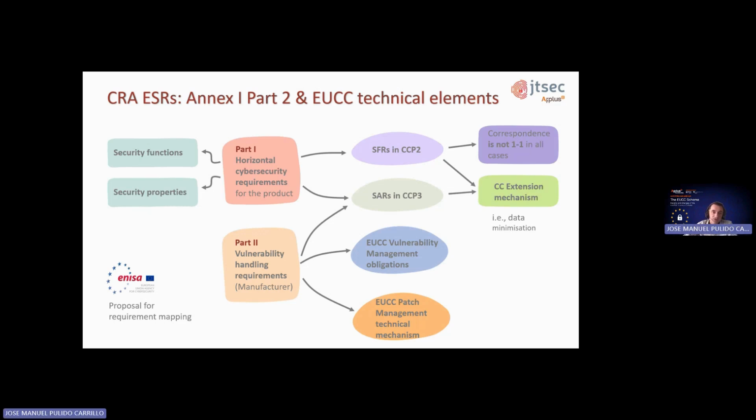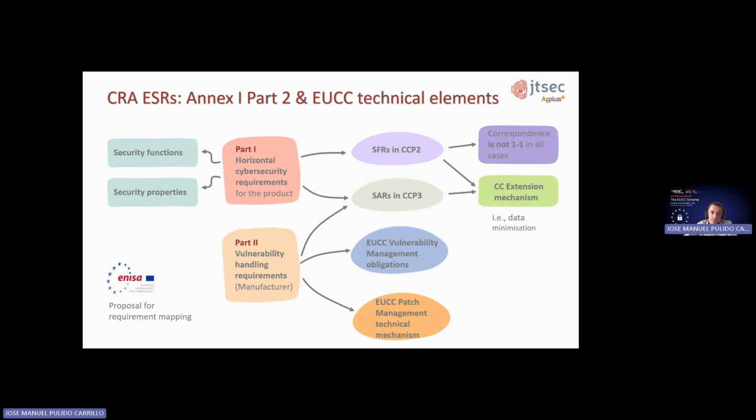So for the requirements in Annex 1, Part 1, probably they could, and this is explored in the study, be met by security functional requirements in Part 2 of Common Criteria, those related to security properties like having a limited attack surface could be met by security assurance requirements.